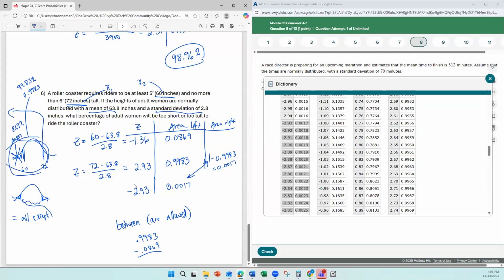And that would be 0.9114. And I want all that are not allowed. So that would be 1 minus 0.9114. Again, any of these additions, subtractions can be done in percent form.